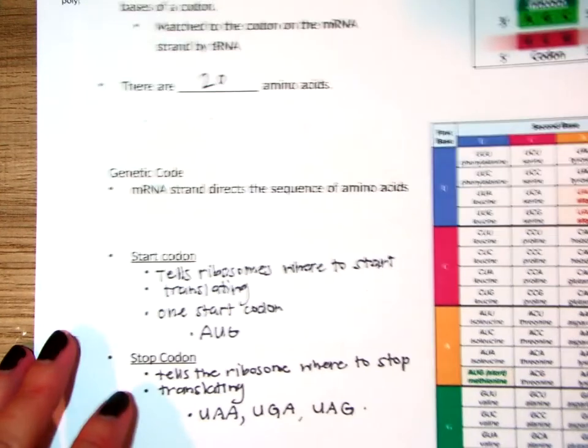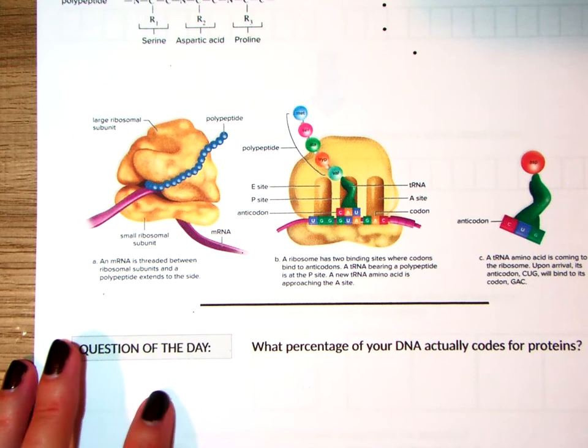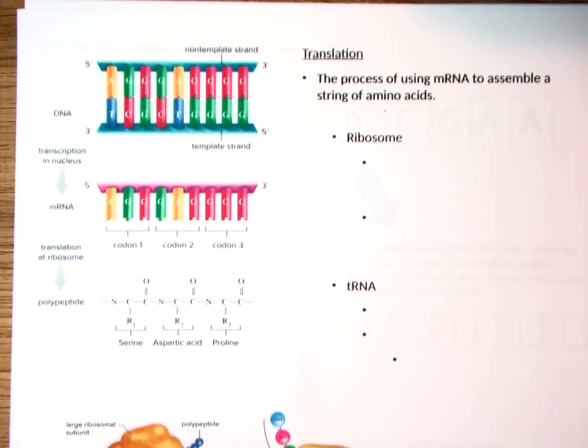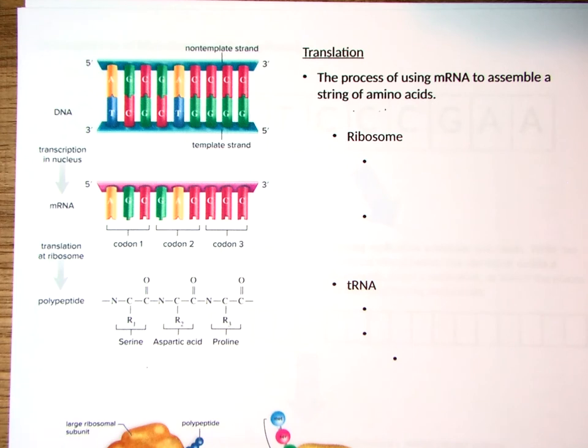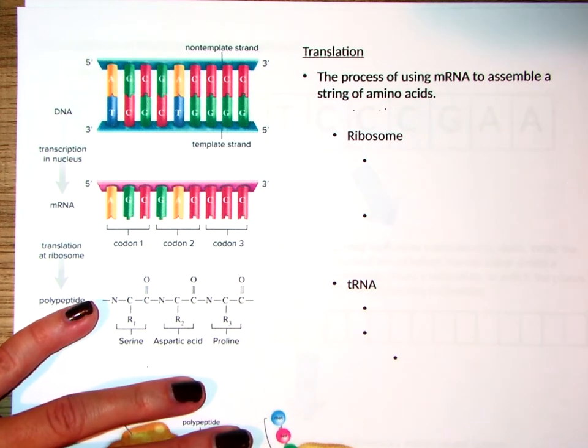Okay, we're still going to come back to anticodon in just a minute. We're going to move on to translation for now. So translation now is the process of using mRNA to assemble strings of amino acids.